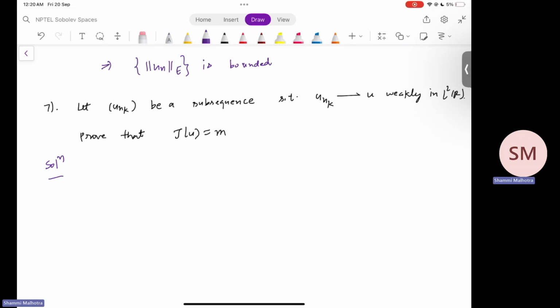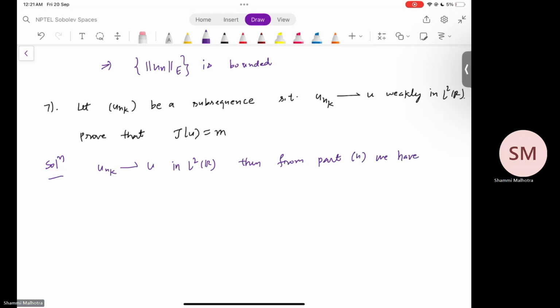So to show this, since unk converges weakly to u in L2 of R, then from part 4, what do we have?